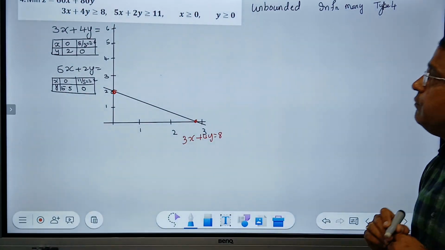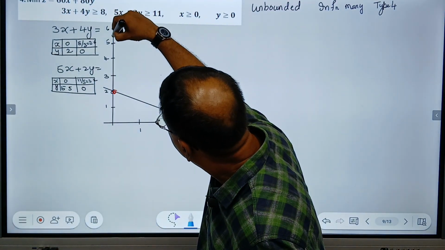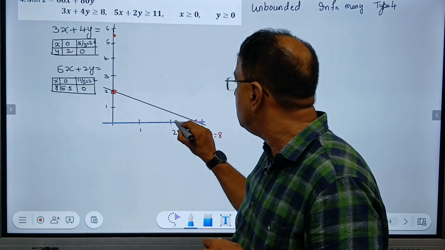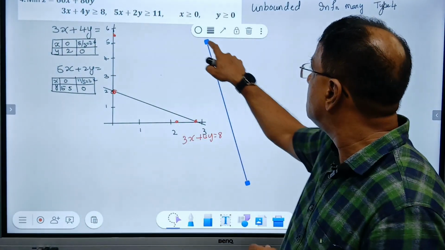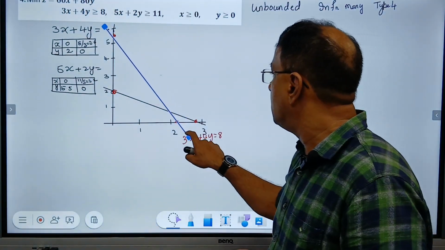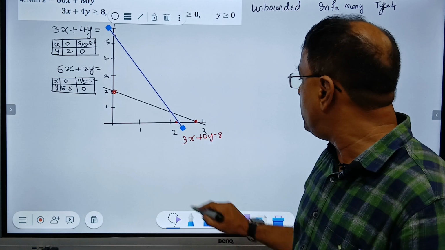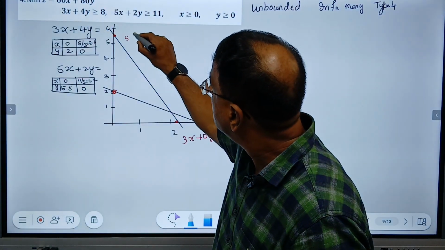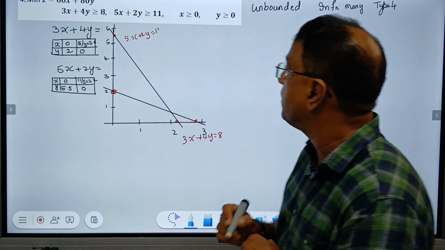Now it is 5.5. 5.5 is here, and 2.2 is somewhere here. So now I have to join this. So the equation will be 5x plus 2y equal to 11.